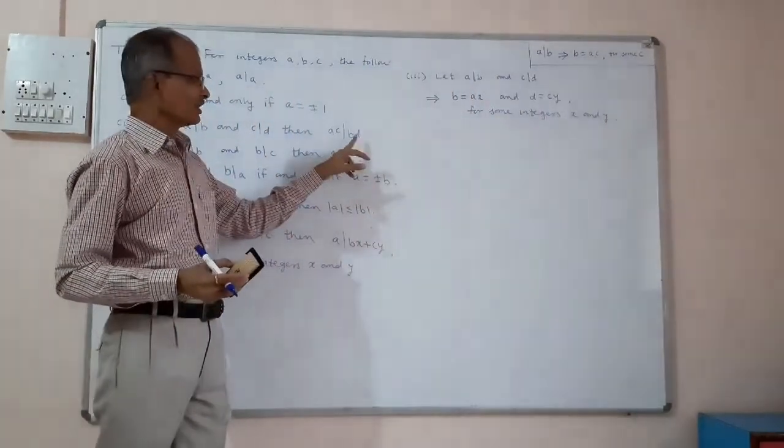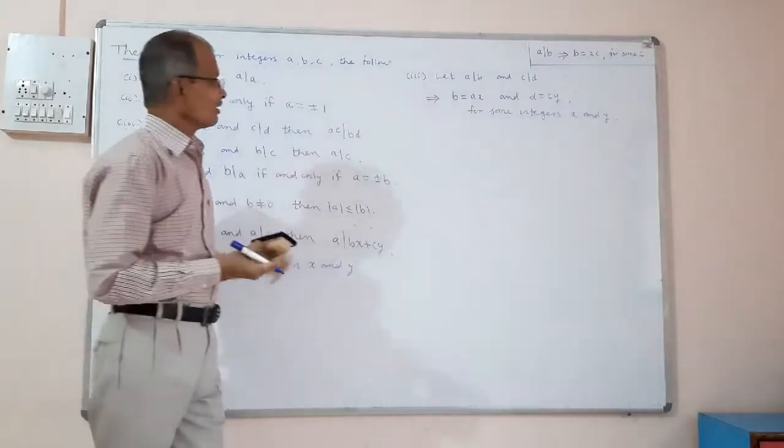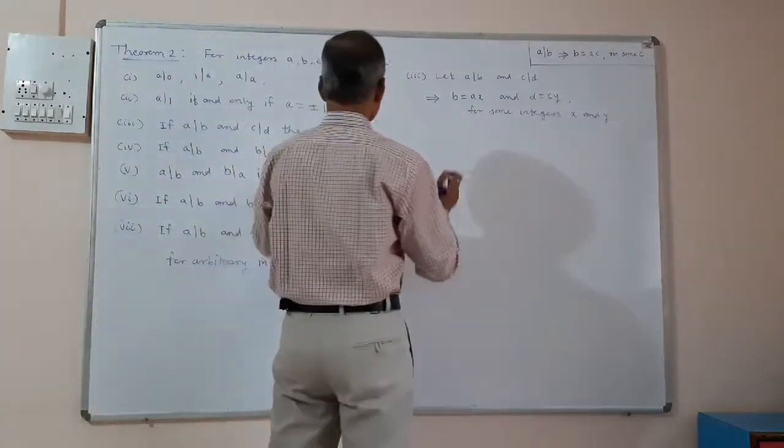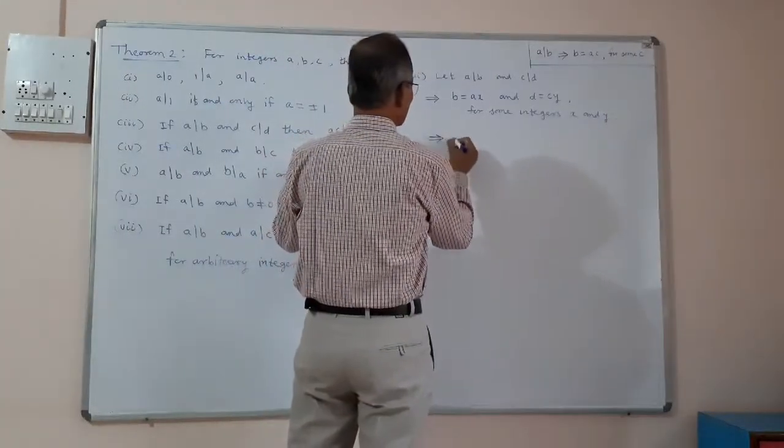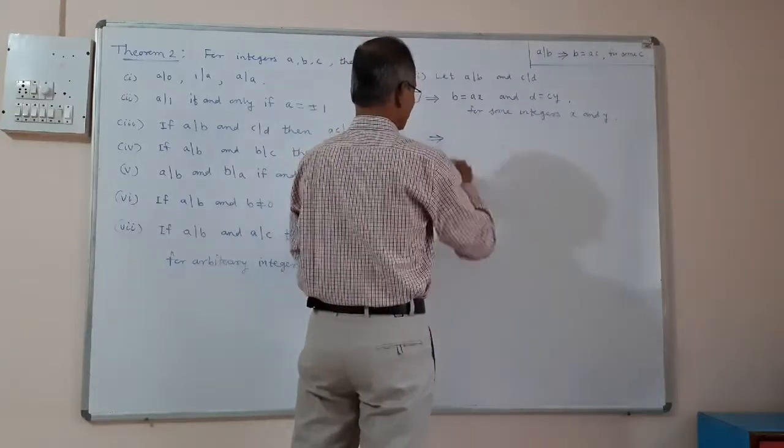Here AC divides BD, or AC is a factor of BD, or AC is a divisor of BD, and thus we want BD. So this implies B into D.